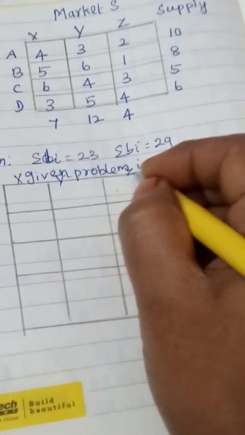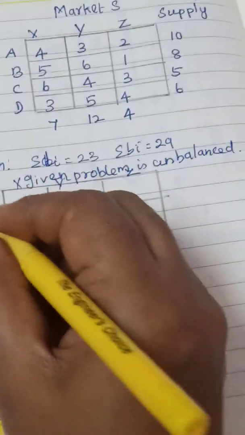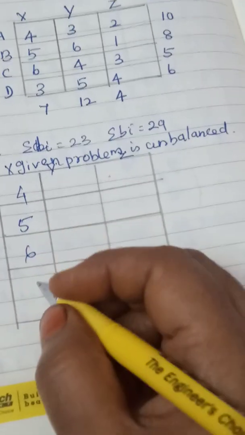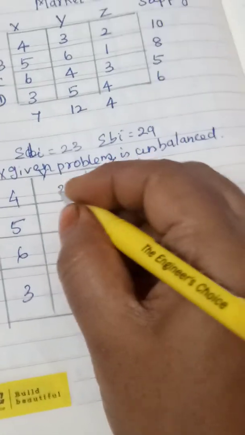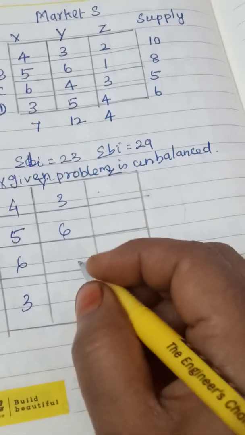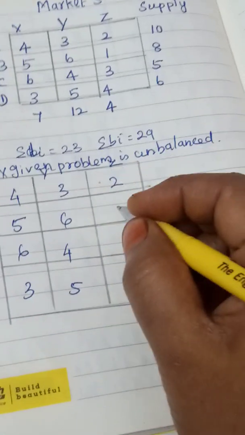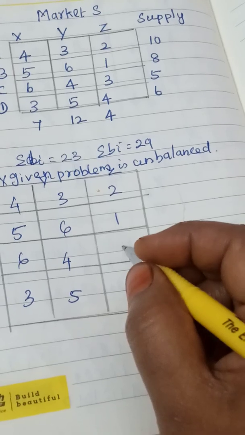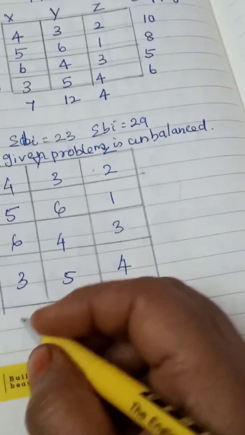Here X, Y, Z, factories A, B, C, D. The costs are 4, 5, 6, 3, 3, 6, 4, 5, 2, 1, 3, 4.